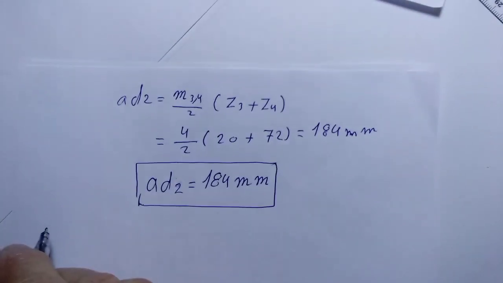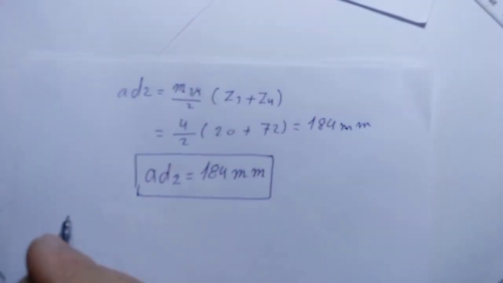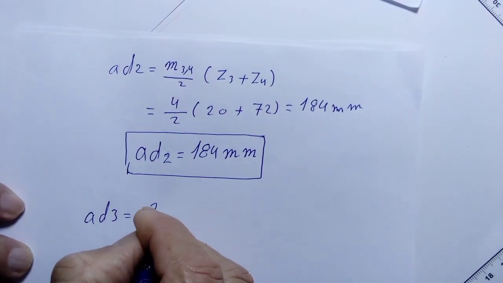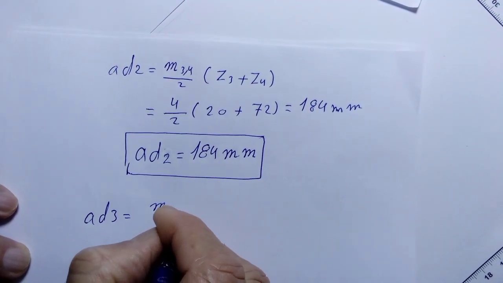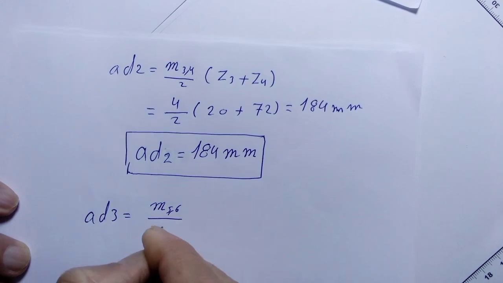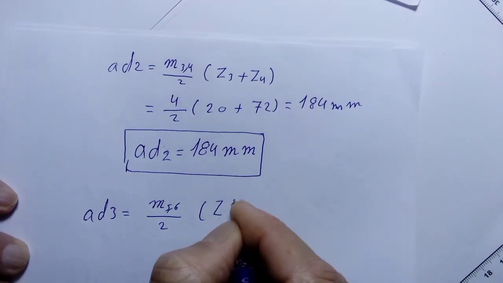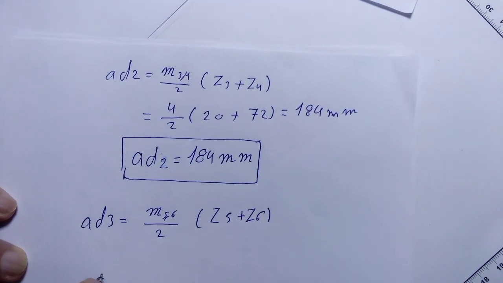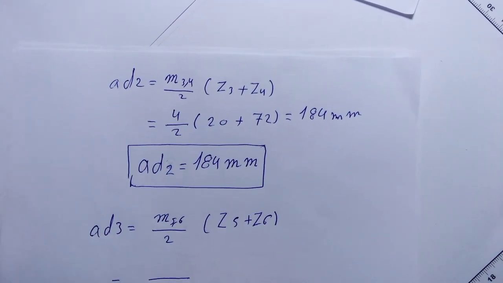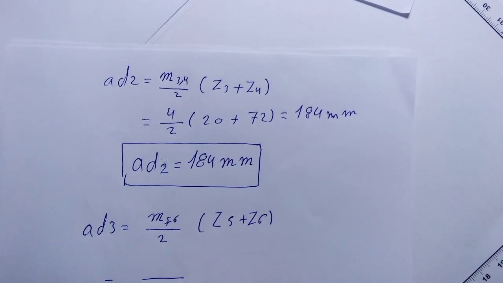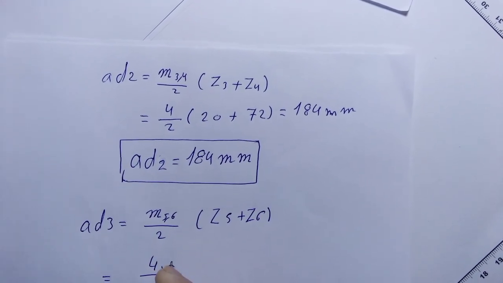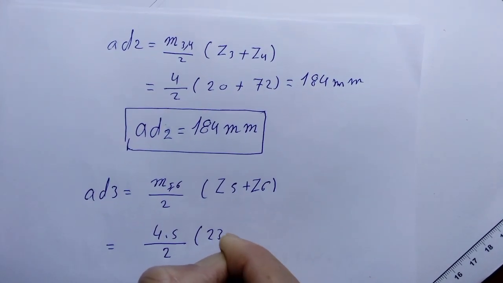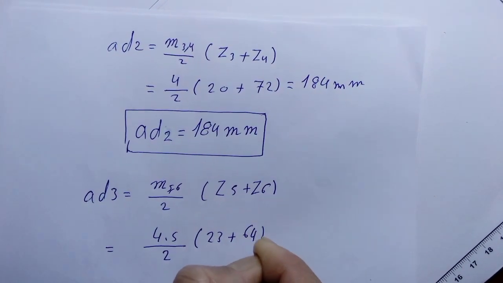Now we must obtain AD3, which is equal to M56 divided by 2 multiplied by (Z5 plus Z6). This is equal to 4.5 divided by 2 multiplied by 23 plus 64.